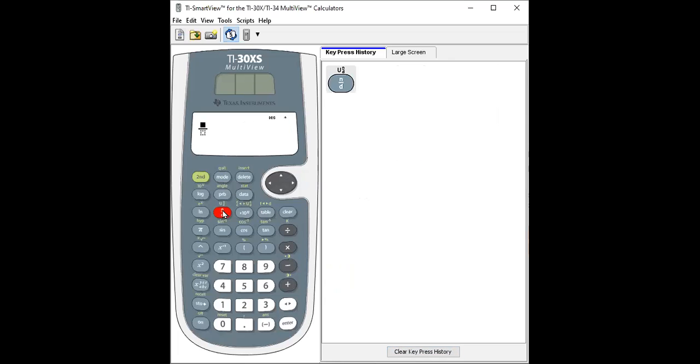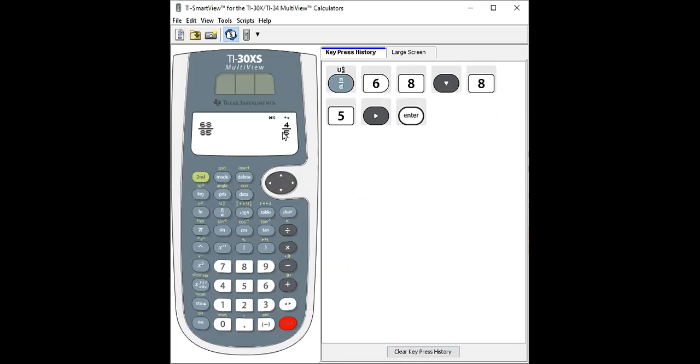We're going to do our n over d function, put a fraction in, 68, directional pad down, 85, directional pad to the right to get out of your fraction, push enter, and it will simplify the fraction for you. And remember, we have a button to switch the format, the old switcheroozy button. 4/5 is 0.8.